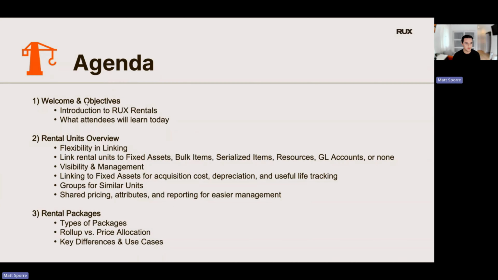Quick agenda for today. We already went through the welcome and objectives. We're going to go through a quick overview of rental units, how we can link those rental units, some visibility, grouping up rental units for similar units, and then we'll get into rental packages, the different types of packages, and pricing there, and some key differences and use cases.